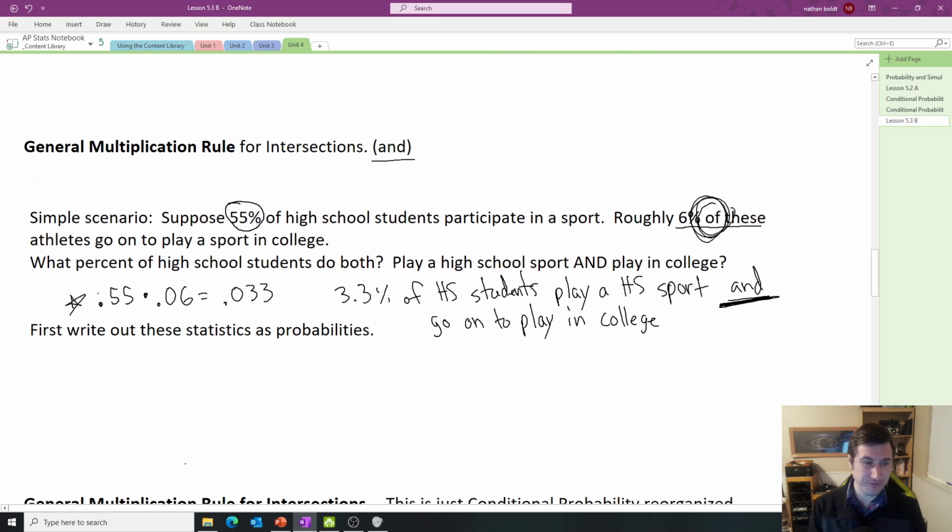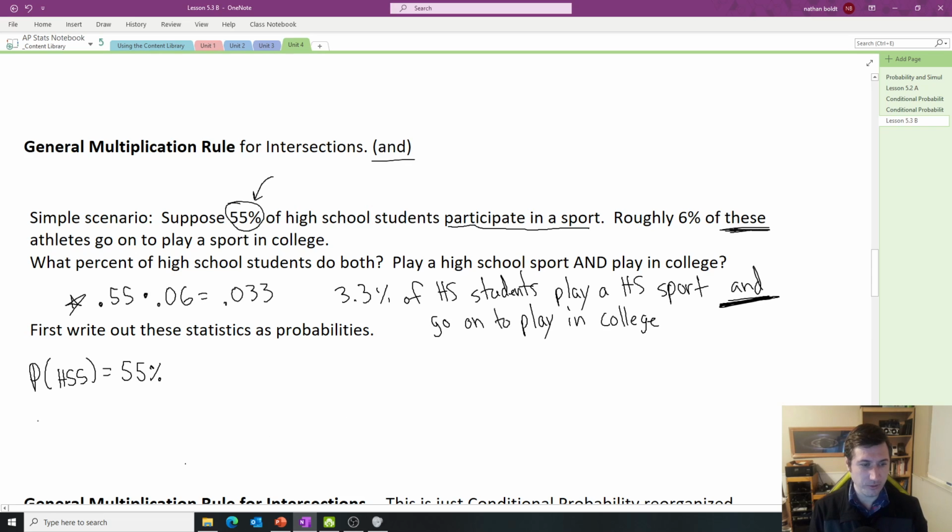So what did the 55% represent? 55% of high school students participate in a sport. Well, that is a probability. The probability that a high school student plays a high school sport, I guess I'll go HSS for high school sport, is 55%. Now, the 6% is a bit more tricky. Roughly 6% of these. What does the pronoun "these" point towards? 6% of the 55%.